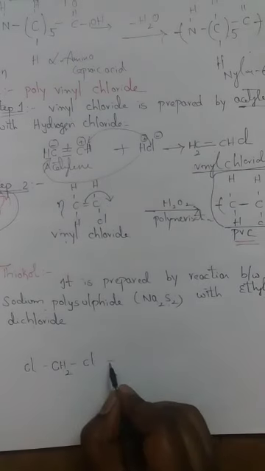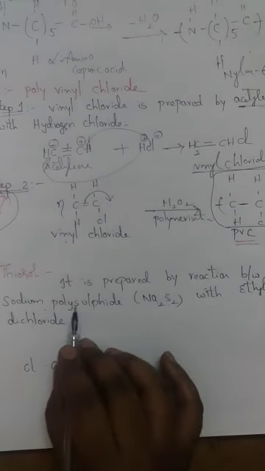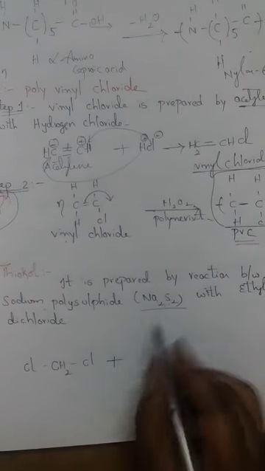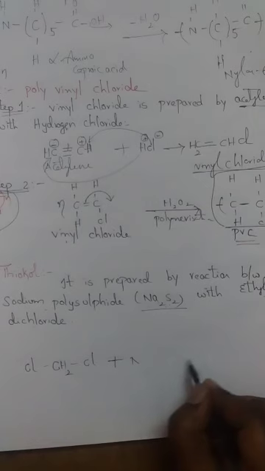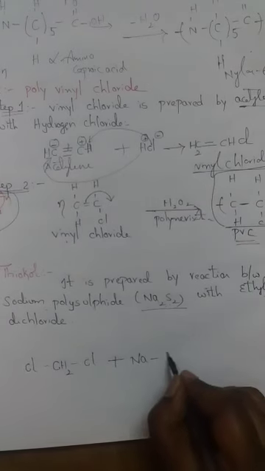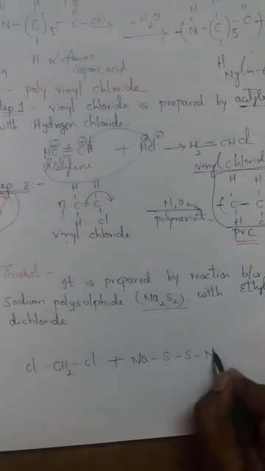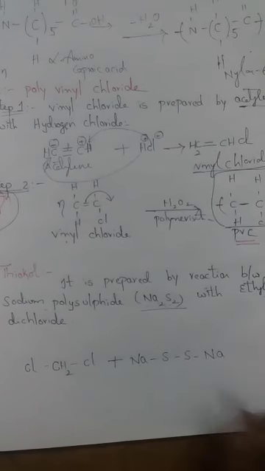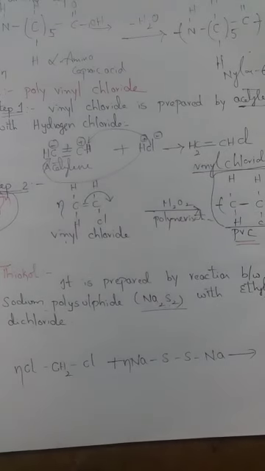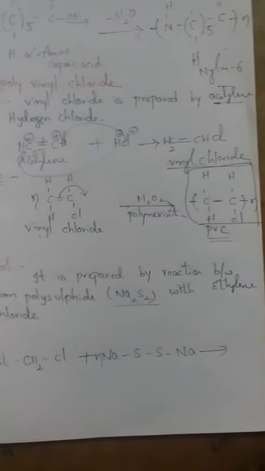Now this reacts with the sodium polysulfide. The sodium polysulfide formula is Na2S2. So it is also a monomer. Now we have to convert the monomers into a polymer.